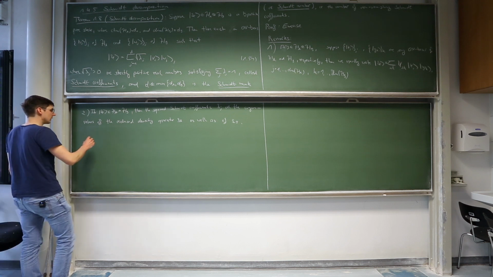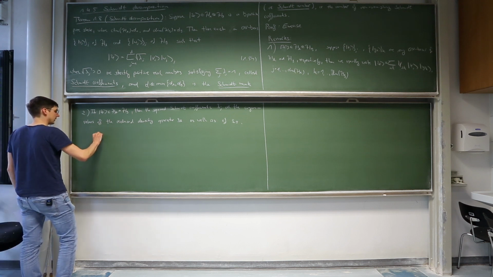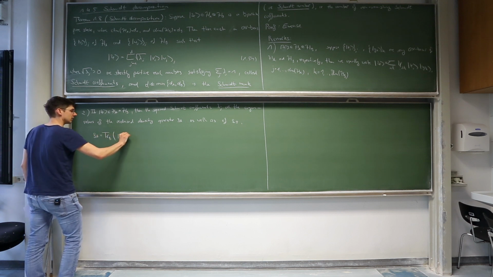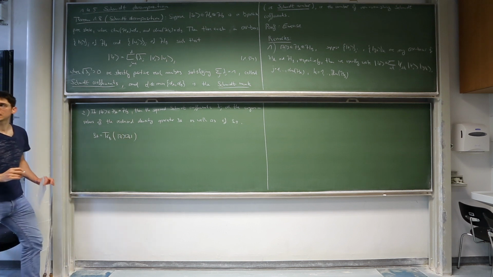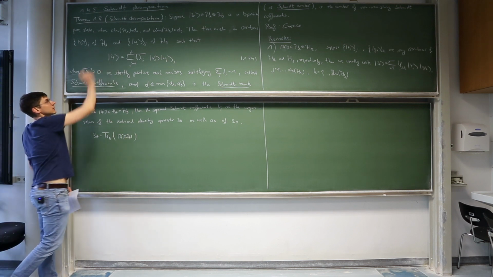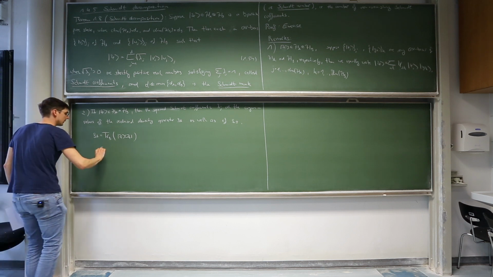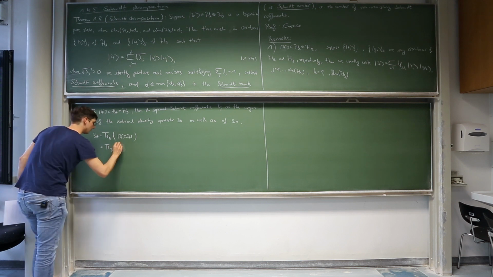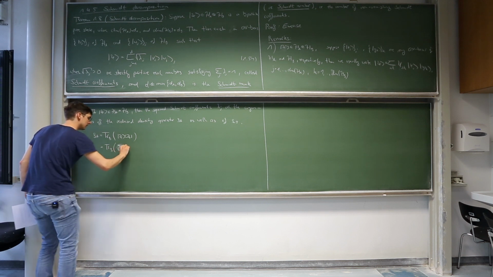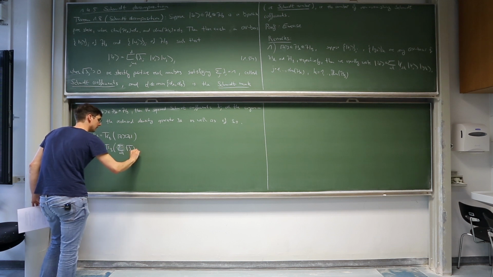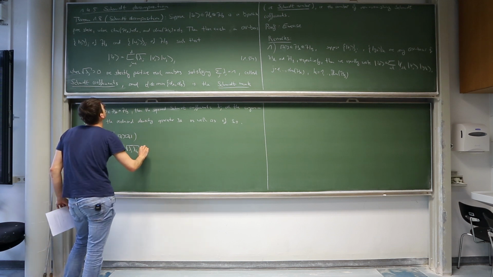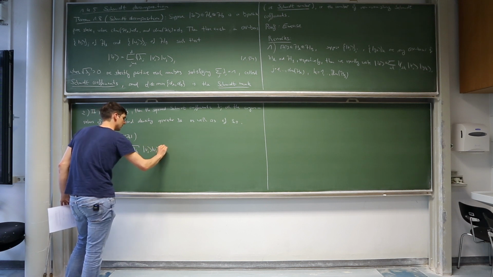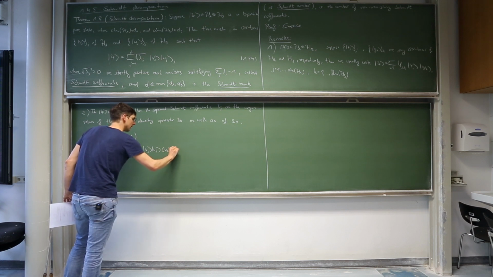Okay, let's prove this. Let's calculate rho A, which we know is the trace over subsystem B of this state. Now we plug in the state in Schmidt form. So we have the trace over B of a sum over jk, square root of lambda j lambda k, and then vj wj, and here vk wk.